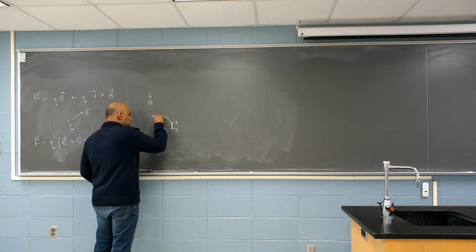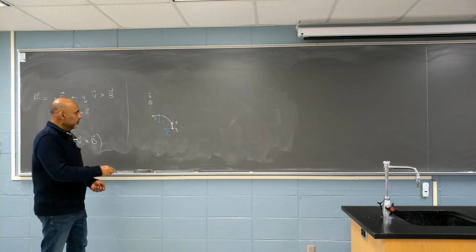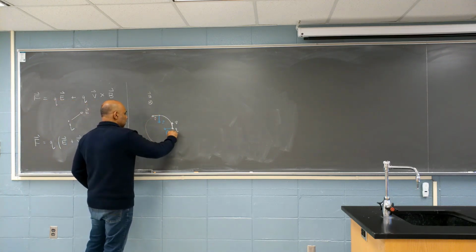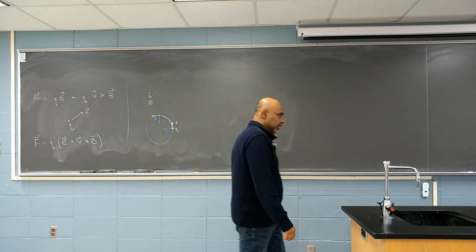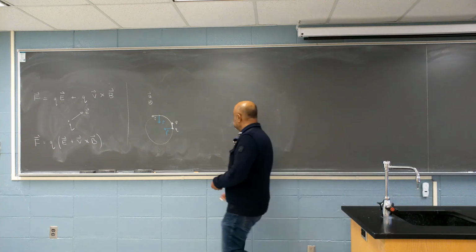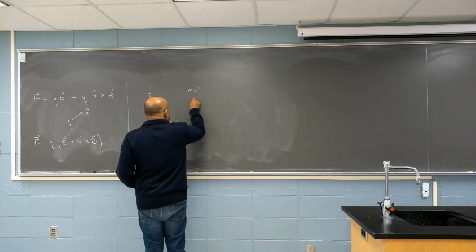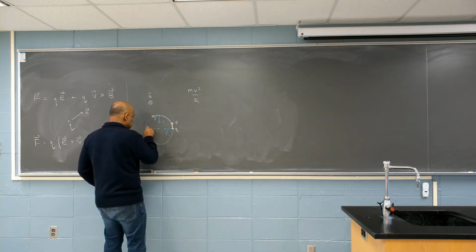So you know this is sort of a centripetal force. And this charge is going to move around in a circle. And centripetal force, m v squared over r, let me call this r, whatever this radius is.